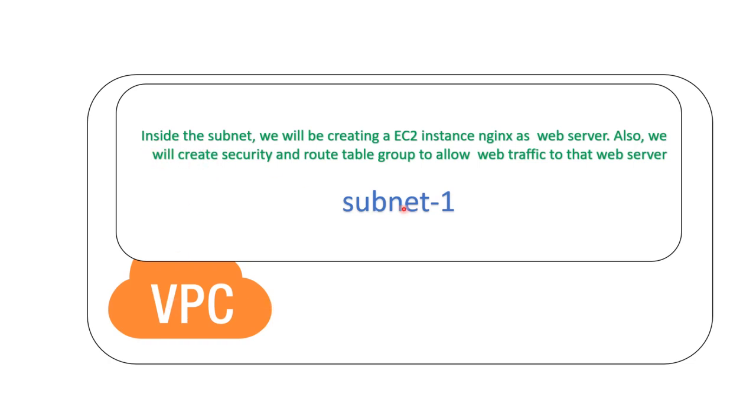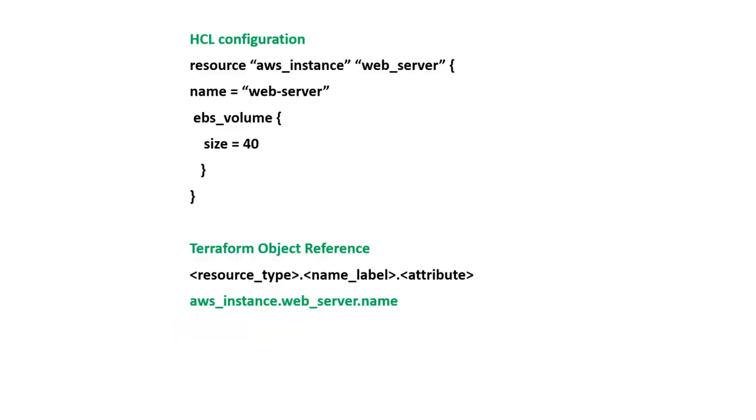Inside it we are going to create a subnet. Inside the subnet, we'll be creating an EC2 instance with Nginx as our web server. Also, we are going to create security and route table groups to allow HTTP traffic to our Nginx web server.